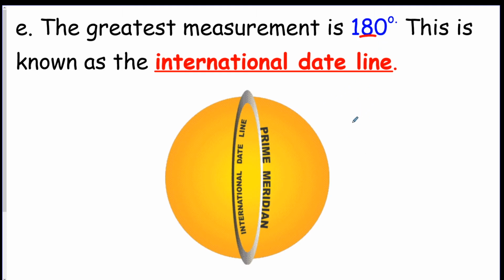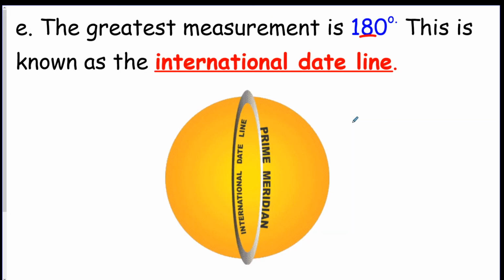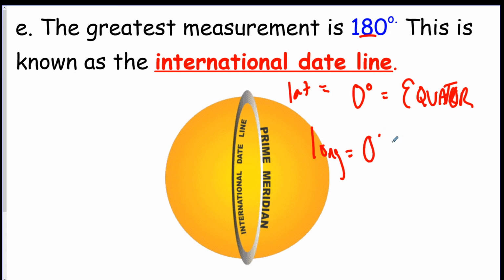So we're going to do a little cheat sheet at the end to help remember all this. Okay, so let's do this. 0 degrees latitude equals the equator. Longitude 0 degrees equals the prime meridian.